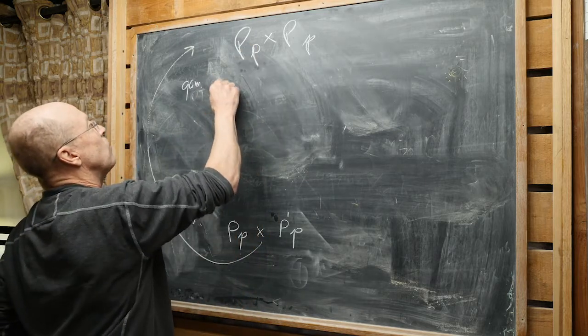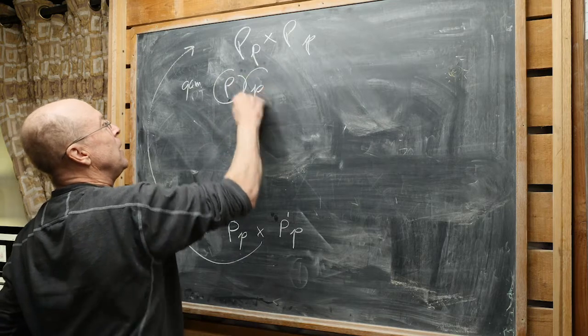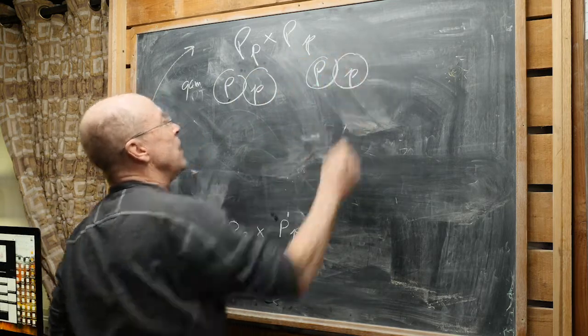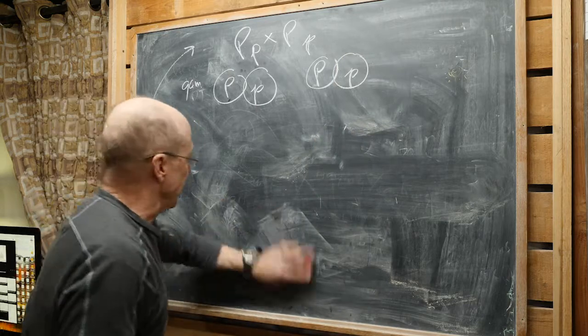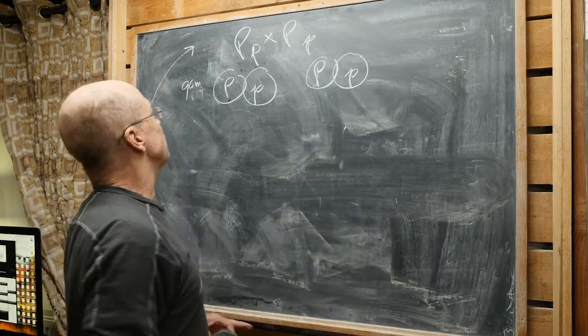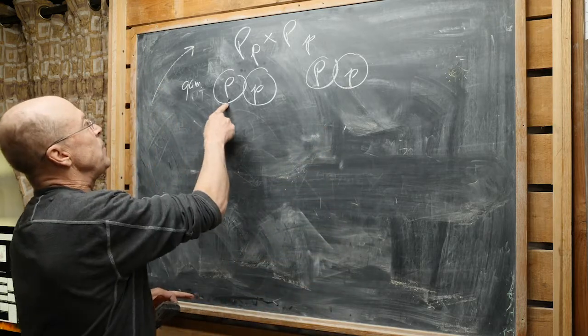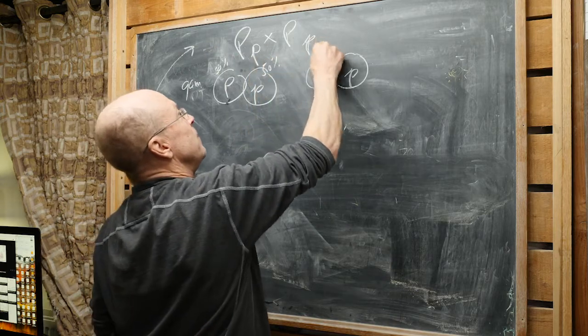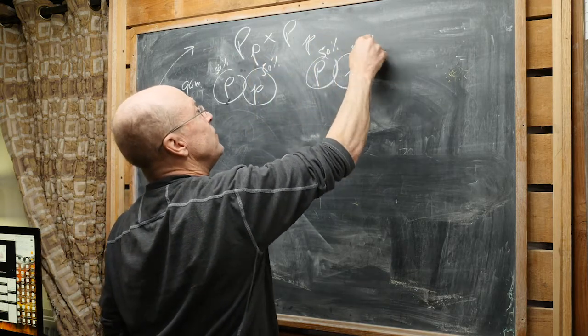So we have big P, little p, and then this parent, big P, little p. As we saw in that previous example, what we're going to do is simplify our predictions for this cross. We have 50% these, 50% these, and then for this parent, 50%, 50%.